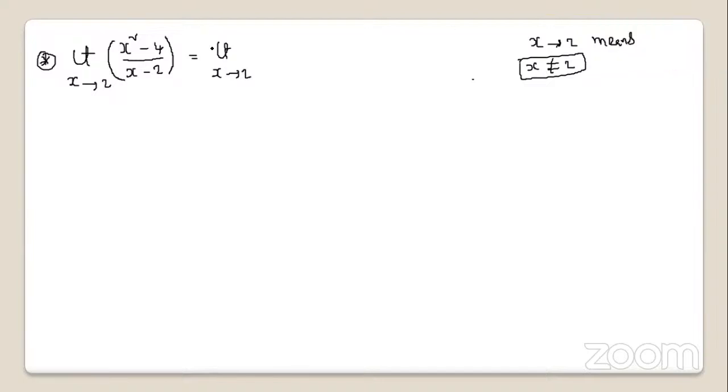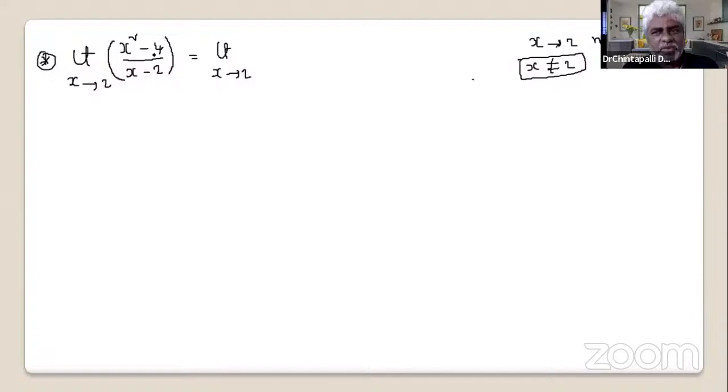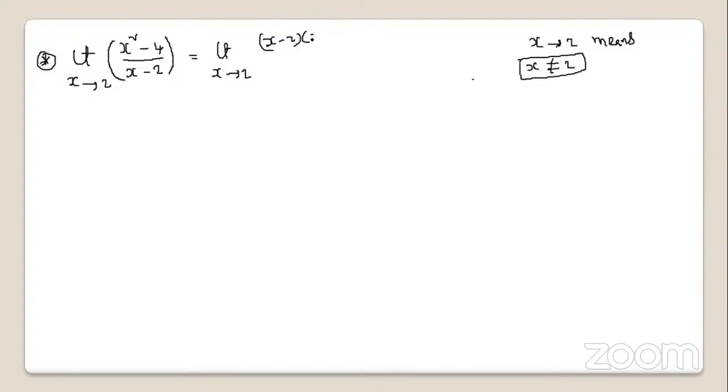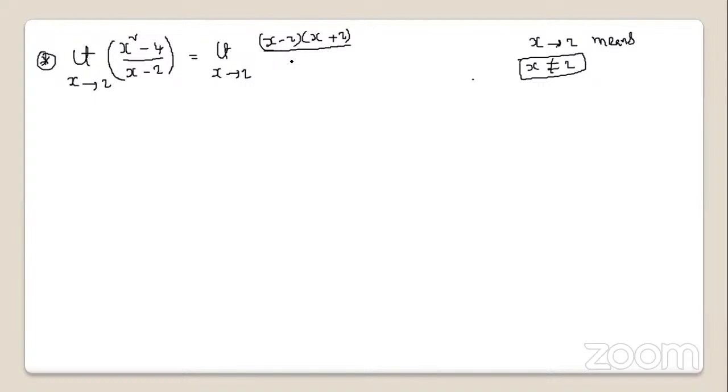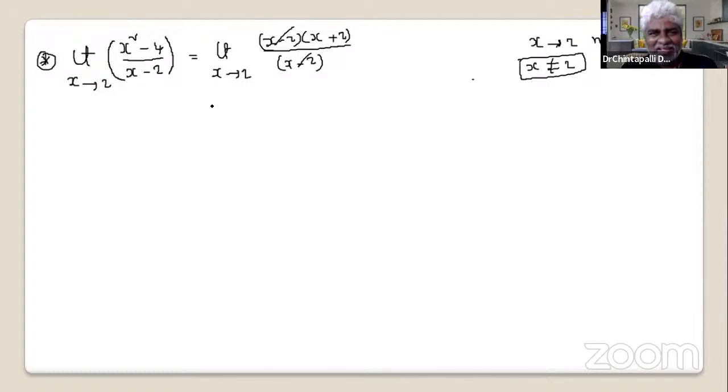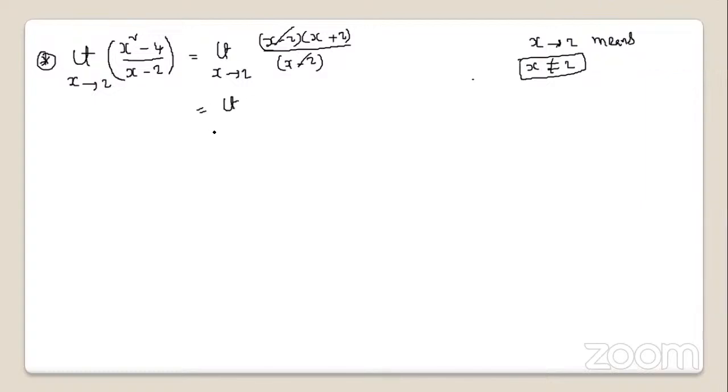Yes. See, use the a square minus b square formula: a minus b into a plus b. So (x minus 2)(x plus 2) by (x minus 2). x minus 2 and x minus 2 get cancelled. Very good. That equals x plus 2.